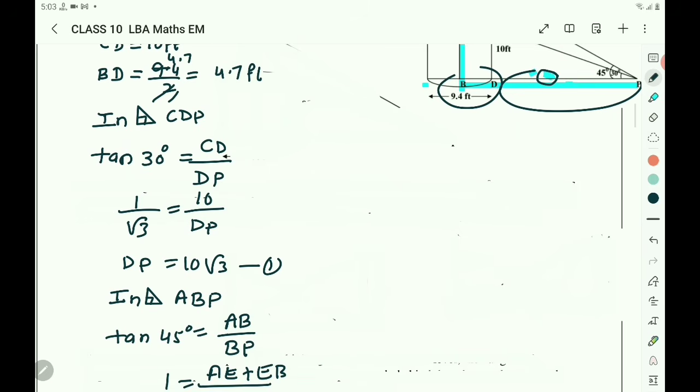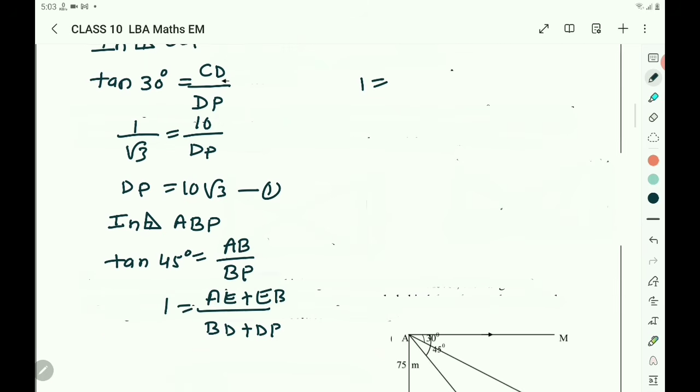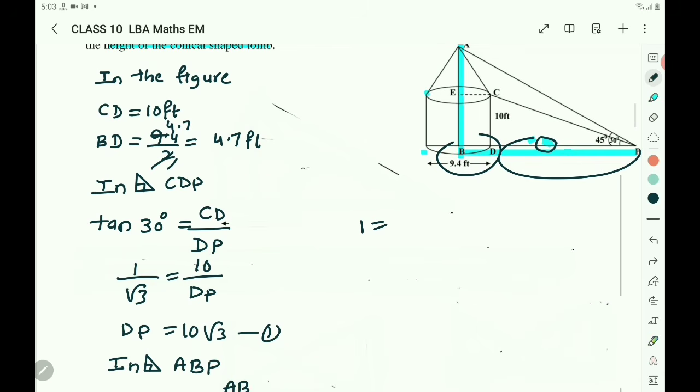Then you write here 1 equals AE plus EB. AE plus EB and CD are the same. So EB is also 10 centimeter, as CD is 10 centimeter. Here EB and CD are the heights of the cylinder.